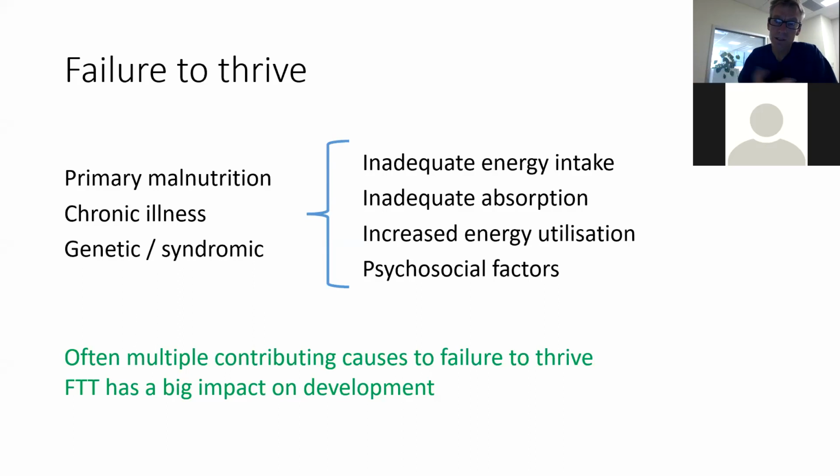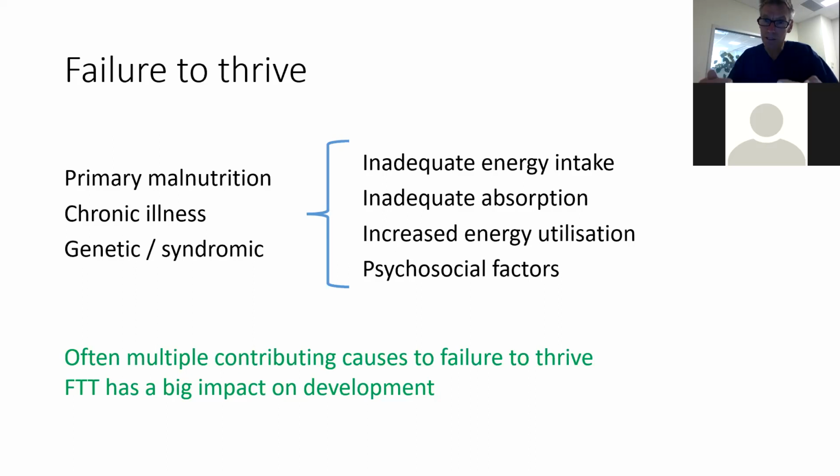I want us to consider also the physiological mechanisms by which children will have failure to thrive, because it helps us understand the type of history we should take and the examination findings we should look for. Some children with failure to thrive will have inadequate energy or calorie intake. For some, it'll be inadequate absorption if they've got gastrointestinal disease where their bowel is not absorbing nutrients.